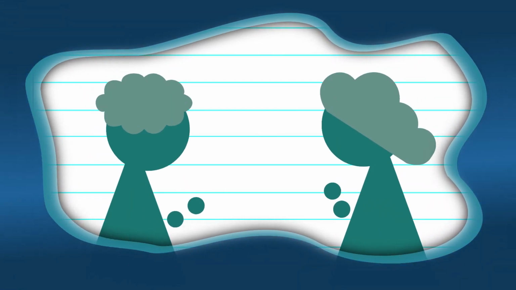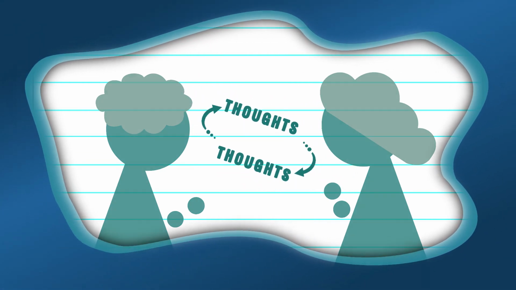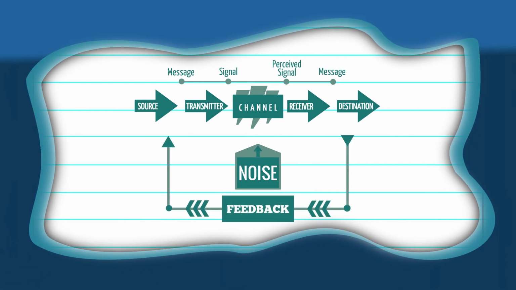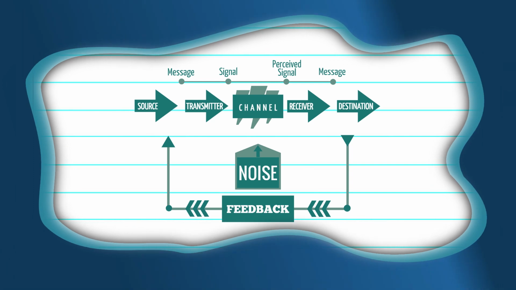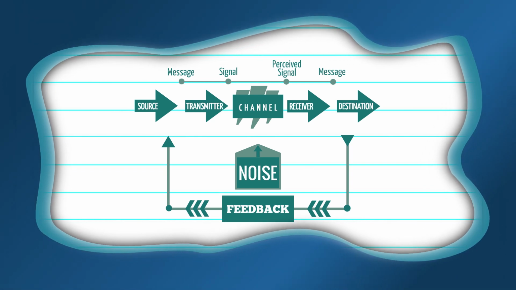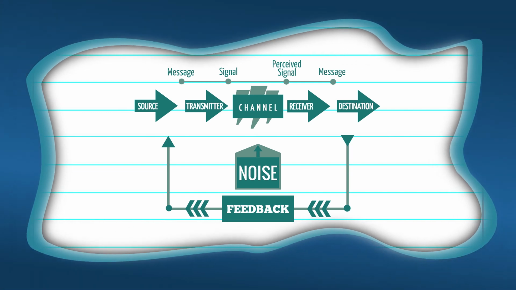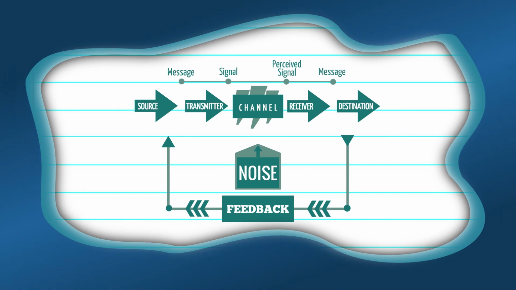Schramm, 1954, visualized the process of communication as an exchange of thoughts and ideas. As you can see, class, feedback was added to the Shannon-Weaver model. The recipient of the message decodes it and creates feedback based on his understanding of the information sent, and vice versa.